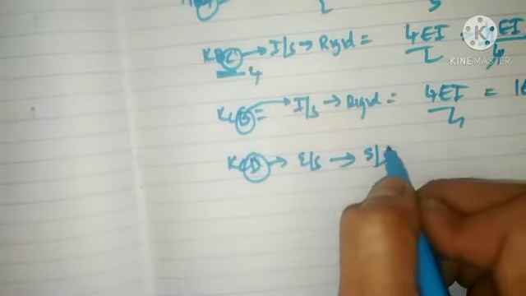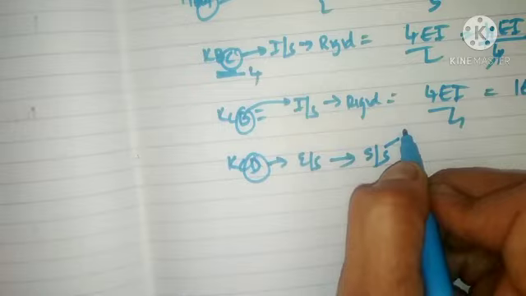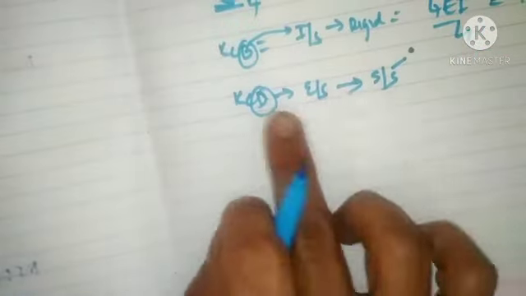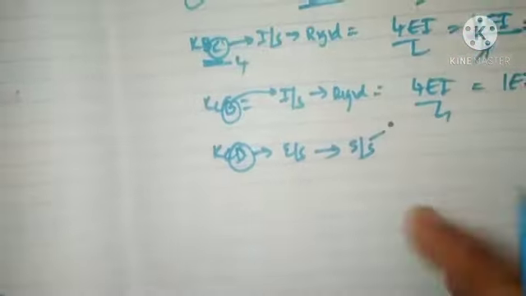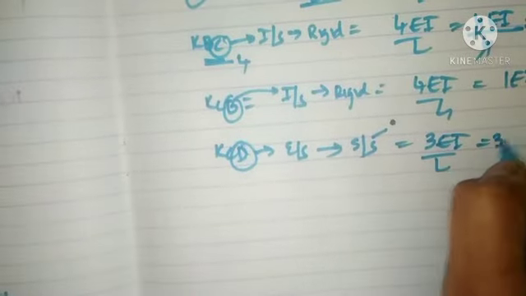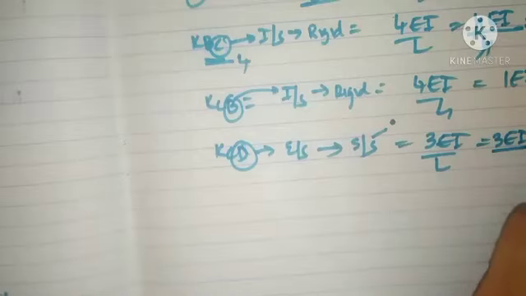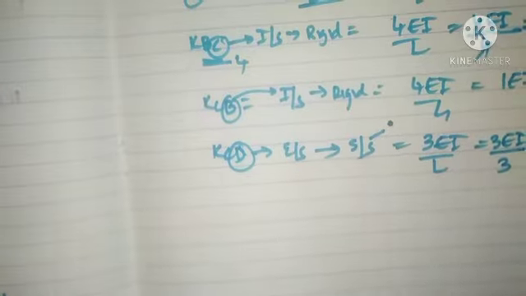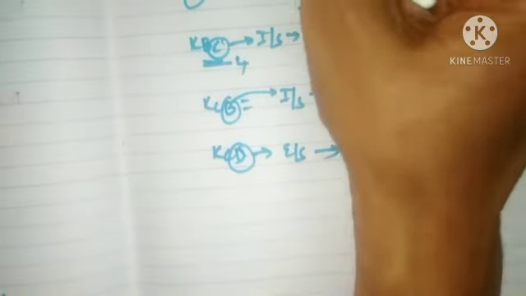Simply supported, which is either a roller or a hinge. When the end support is fixed, the formula is 4EI by L. When the end support is simply supported, the formula is 3EI divided by L. So 3EI divided by CD length, which is 3 meters, comes out as 1 EI. Write the value here as 1 EI.